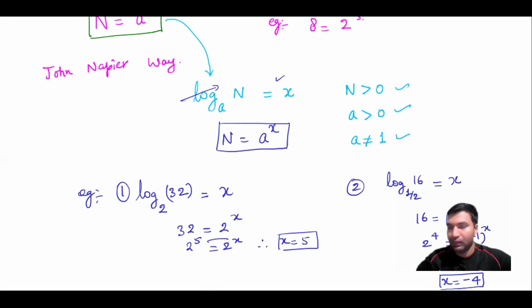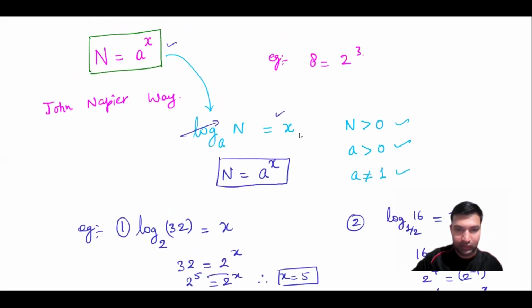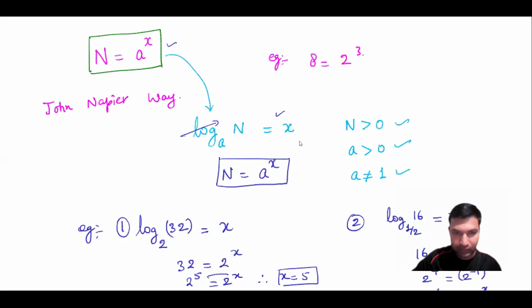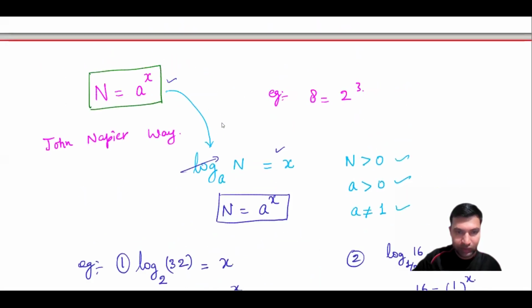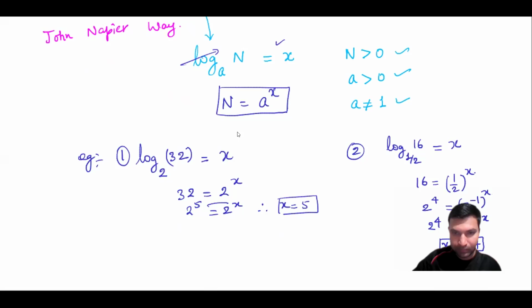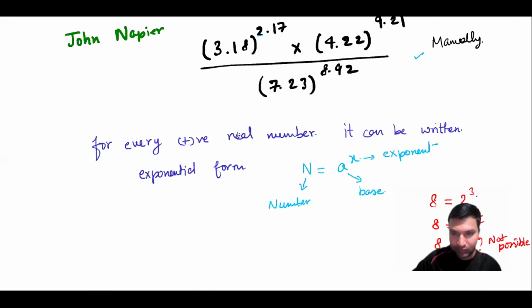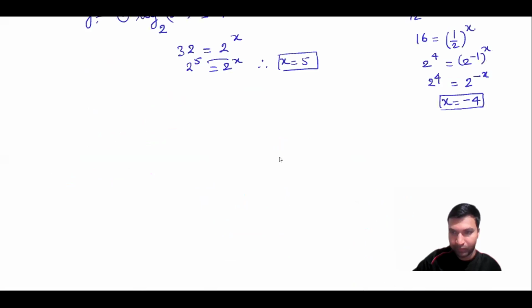Now let's understand the constraint where it is possible and where it is not possible. The reason I have written here in the first place that it is valid for positive numbers, right? So let's check that. We have discussed this with positive numbers, for every positive real number. Now let's talk about the negative real numbers. Suppose I have log of 8 to the base negative 2.